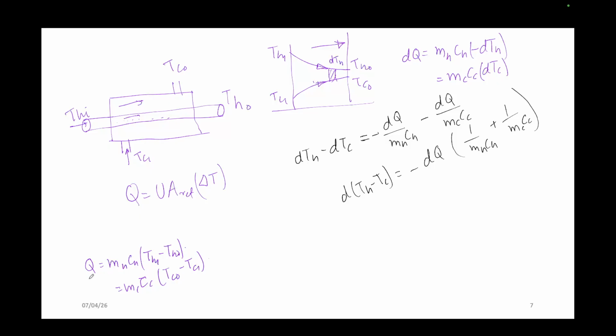So from this part, can I write the 1 by MHCH value? Can I replace it?